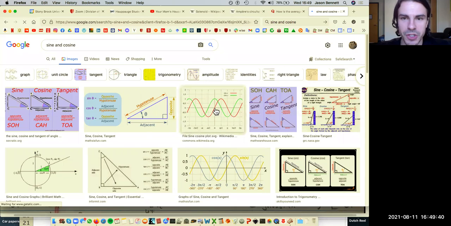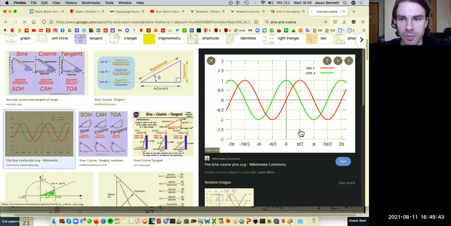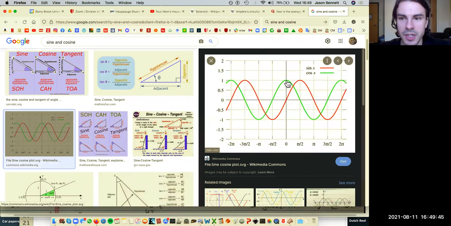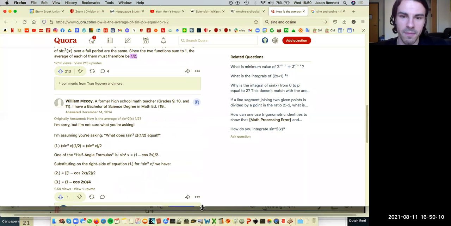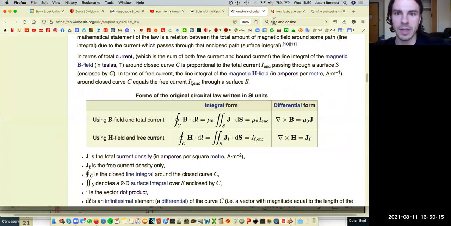If you just shifted this by 90 degrees, or pi over 2, they would be the exact same function. So the sine squared and the cosine squared must have the same magnitude. And if you're adding two things that must be the same and they equal 1, they're both 1/2. So that's where that comes from. But they really never explain that to you when they give you that energy density formula.